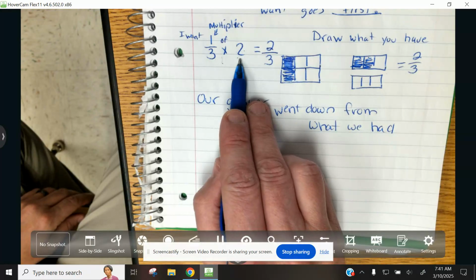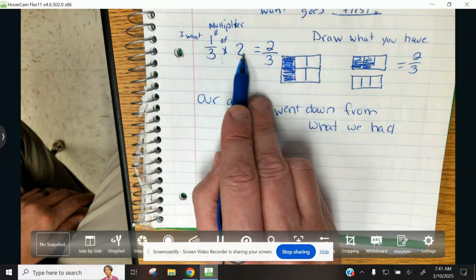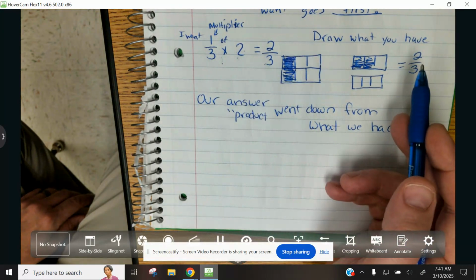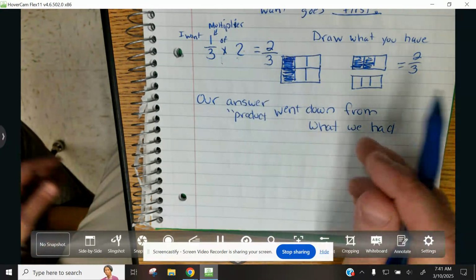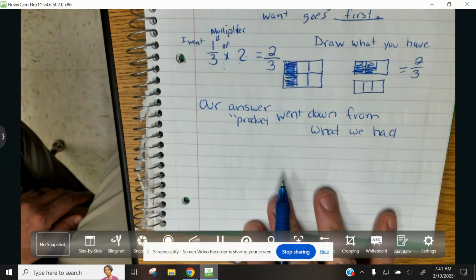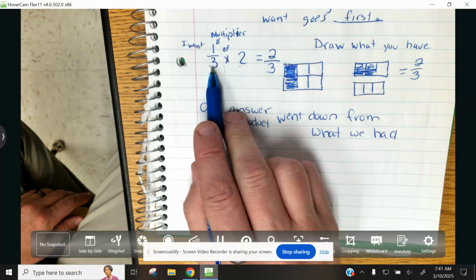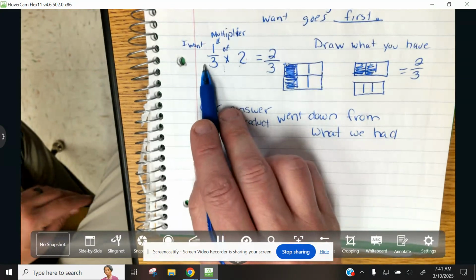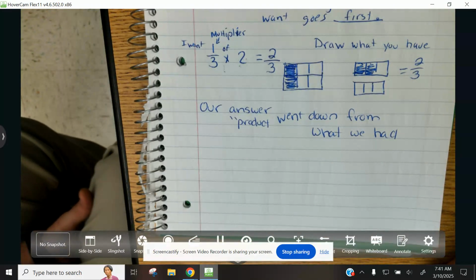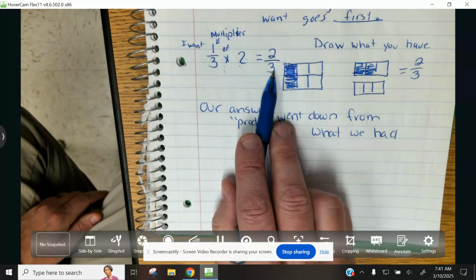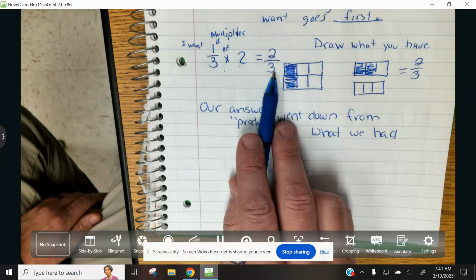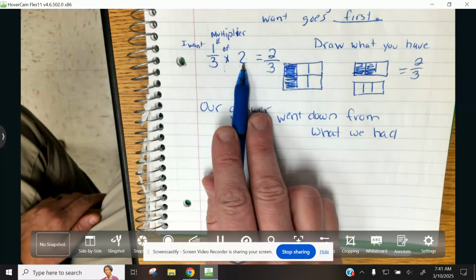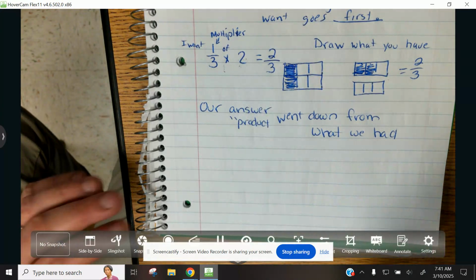I started with 2. I only wanted some of it, so my answer went down. You can see that your answer went down because you only wanted a fraction. So when the multiplier is a normal fraction smaller than 1, your answers are going to go down. That means your product is less than what you started with.